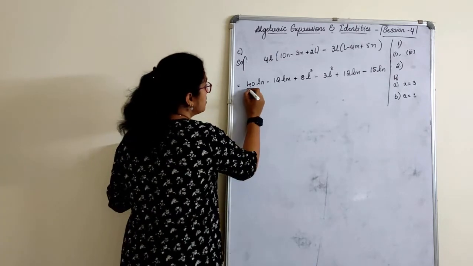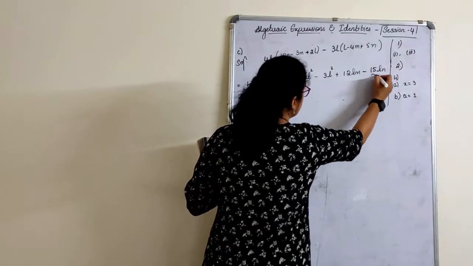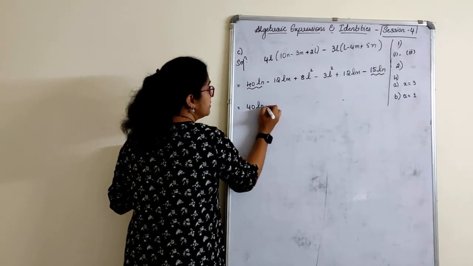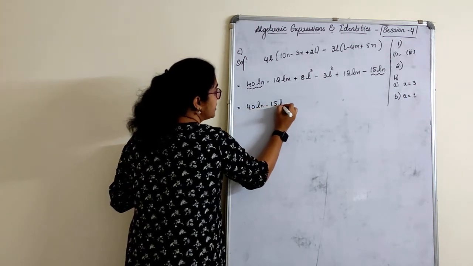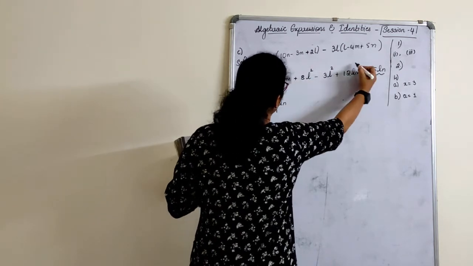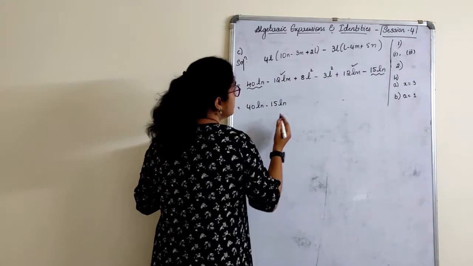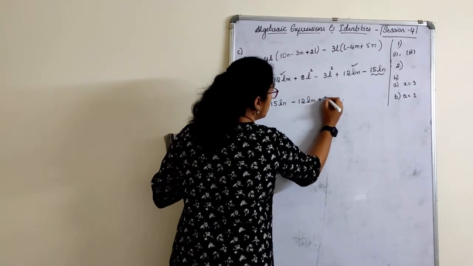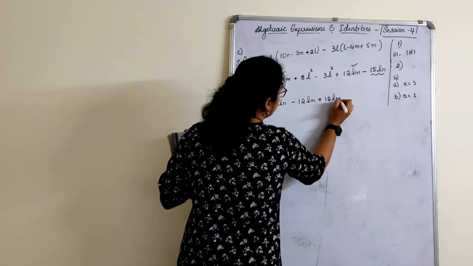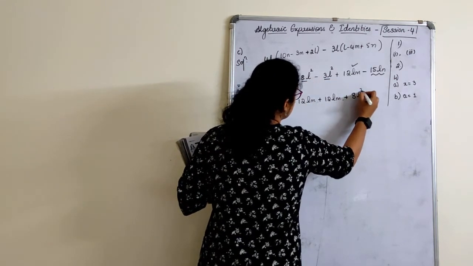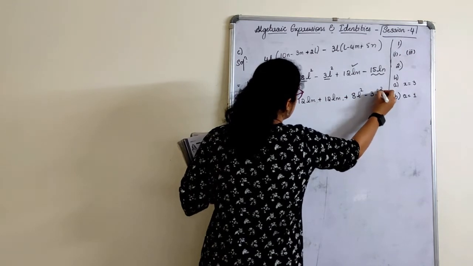Group the terms 40 LN, 15 LN. 40 LN minus 15 LN plus 12 LN minus and plus minus 12 LN plus 12 LN. Left is these two plus 8 L square minus 3 L square.